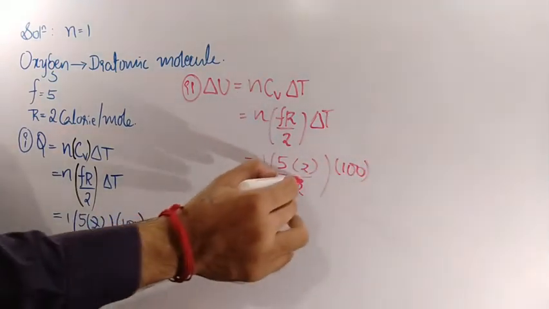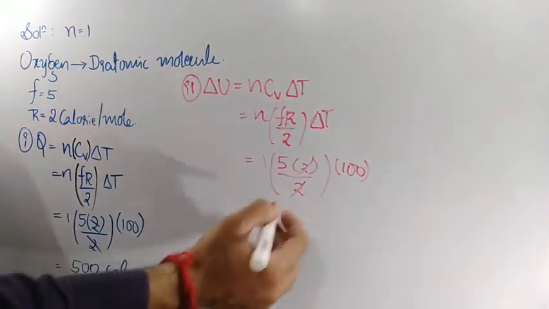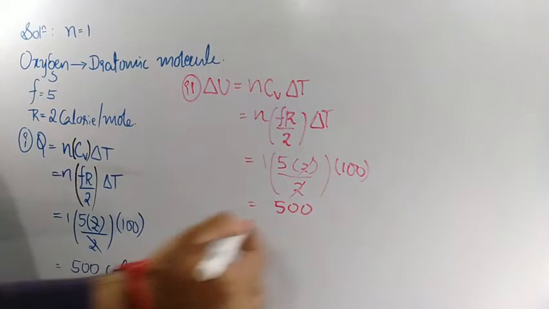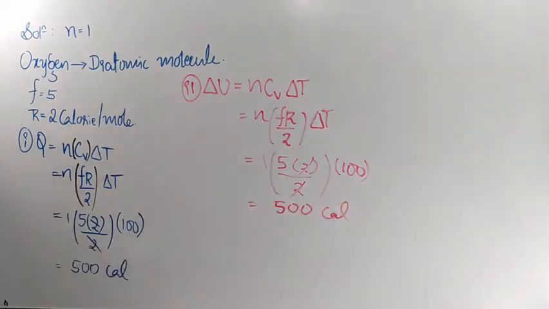So 2 will get cancelled. 5 into 100, 500. So this is also 500 calorie only. Clear? Now third case, what are they asking?